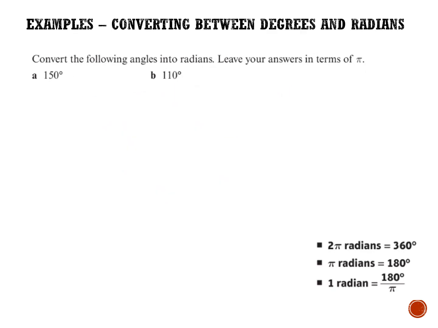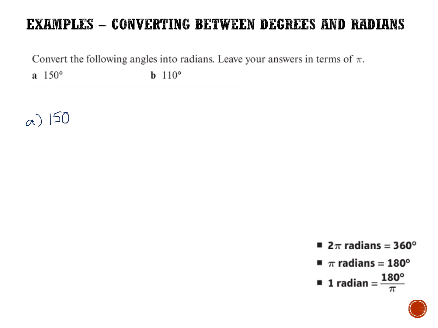Okay, right, let's go the other way around then. Convert the following angles into radians. Now, quite often with angles in radians, you will leave them in terms of pi, and your calculator will enable you to put things in terms of pi. Okay, so 150.